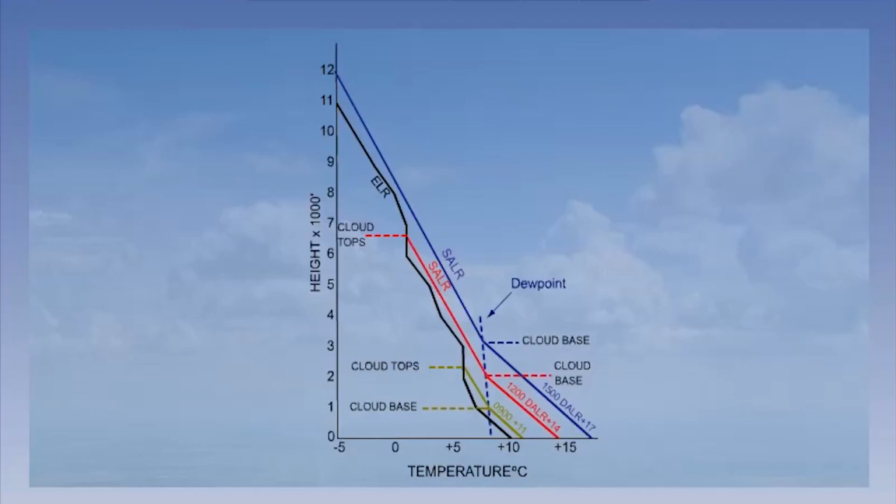At midday, with a surface temperature of +14 degrees Celsius, we can lift a parcel of air to this height, with this cloud base and top. Finally, at 1500 hours, with a temperature of +17, we get our maximum convection, with maximum temperature and the cloud tops going off the top of the graph.